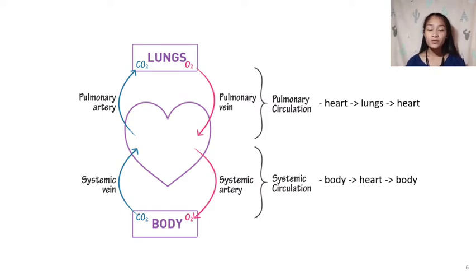So from the heart to the lungs and back to the heart. In systemic circulation, blood from the body carrying carbon dioxide flows through the systemic vein into the heart. Then from the heart, the oxygenated blood flows through the systemic artery into the body. So from the body to the heart and then back to the body.